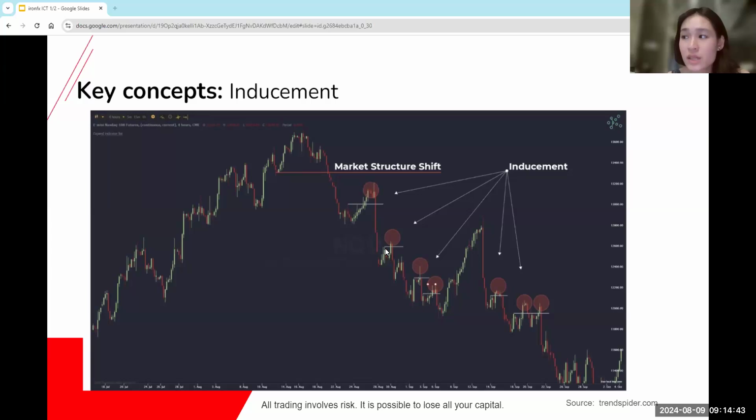So it breaks down again, and then the same kind of pattern occurs throughout. This is what we mean by inducement. So that's what we mean by short-term highs or lows, and these are the areas where you can place your stop losses if you're going in for a very small buy towards a take profit.